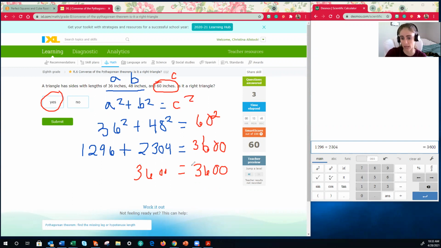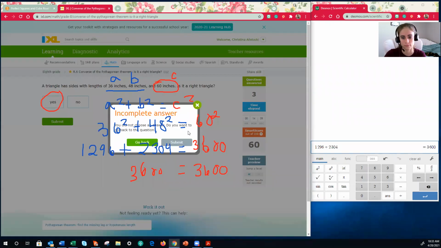So let's say you add the two numbers and we had gotten 3,000. Is 3,000 equal to 3,600? No. And if that was the case, then that would prove to you that it's not a right triangle and your answer would be no instead of yes. Oh, it would help if I actually clicked the answer.